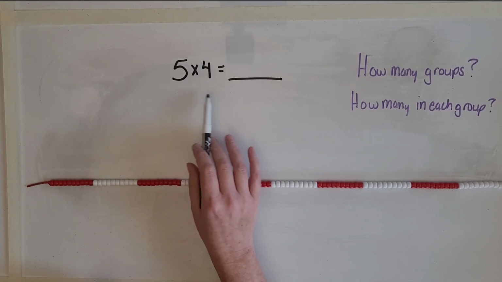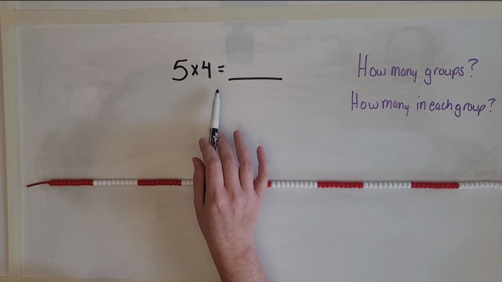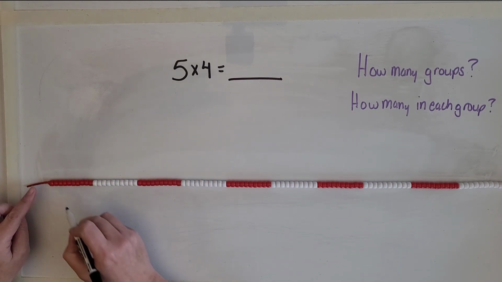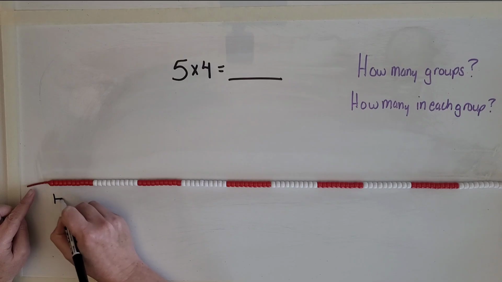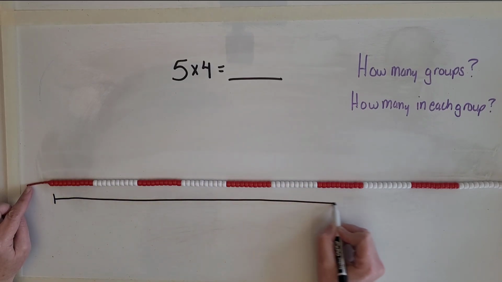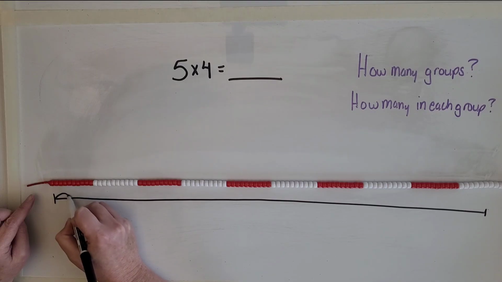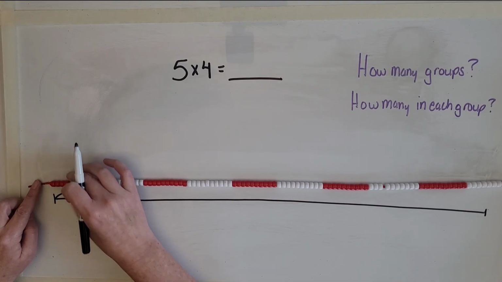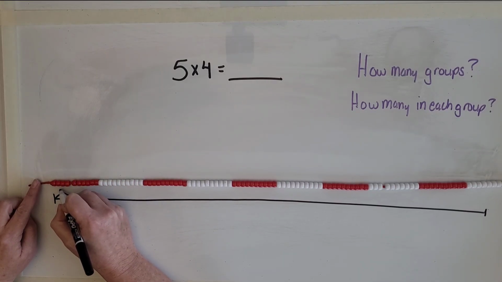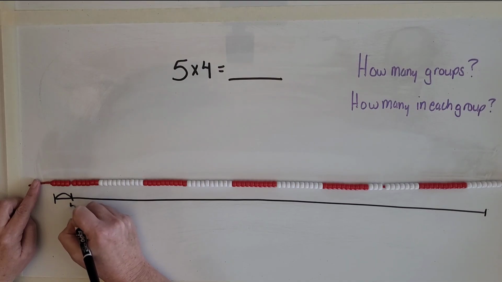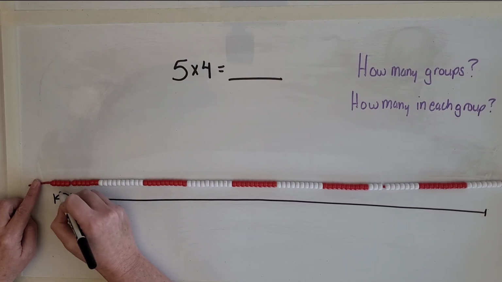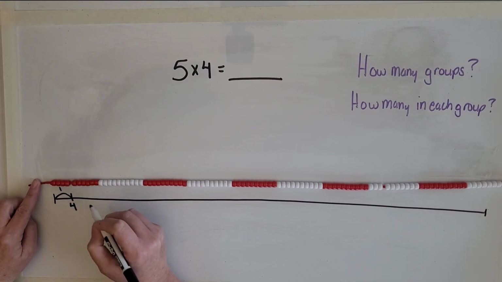So when I'm literally interpreting this, 5 groups of 4, I would start with 0 on my number line, and I would hop one group of 4. That's one hop of 4. I'm going to mark that as one group.